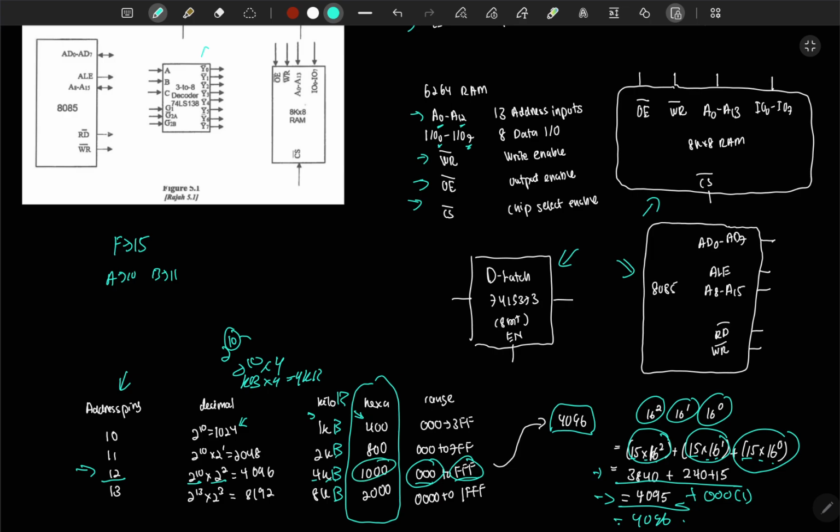Why 1000? As said, 4095 results in FFFF. So in order to add, you need to have another 0000 as well. So it will result in 4096, so you will get it as such in hexa.